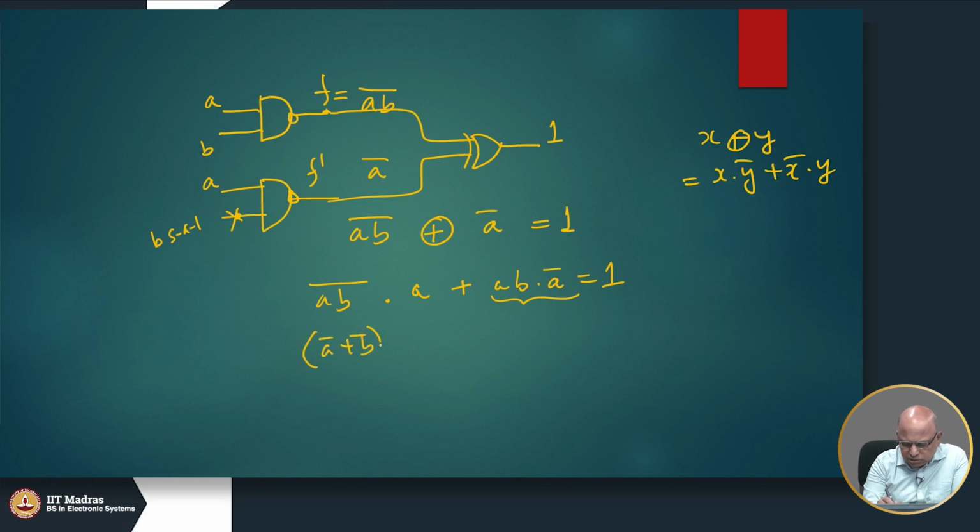We will use De Morgan's theorem. So, A bar plus A B bar, okay, A bar will become 0. So, we are left with A B bar equals 1. So, this means we must apply A equal to 1 and B equal to 0.